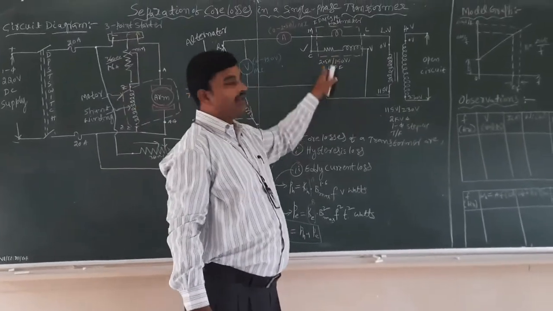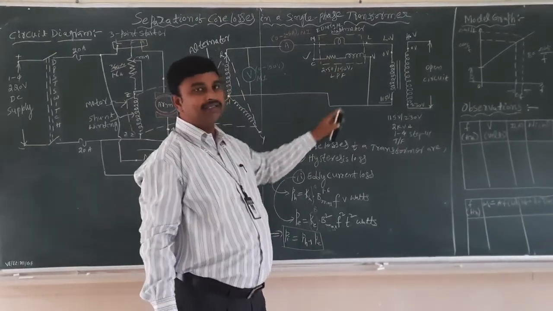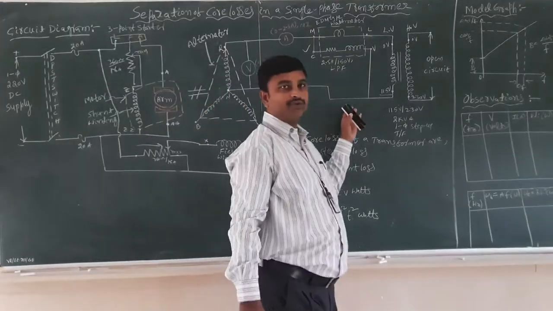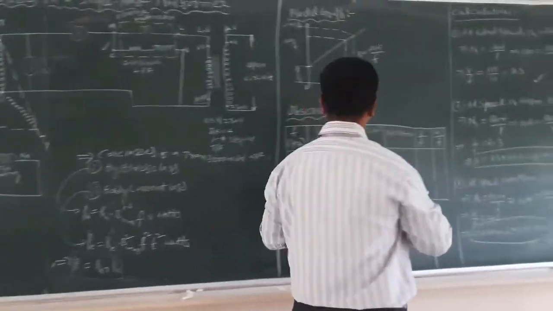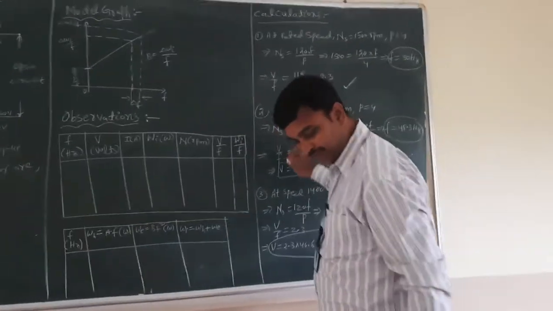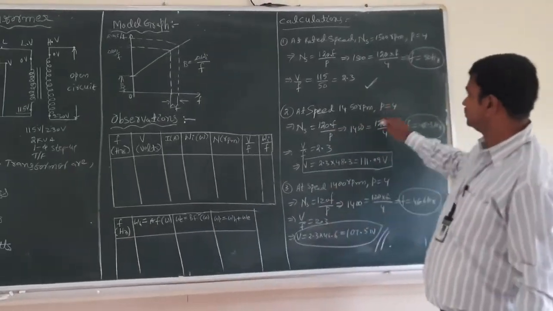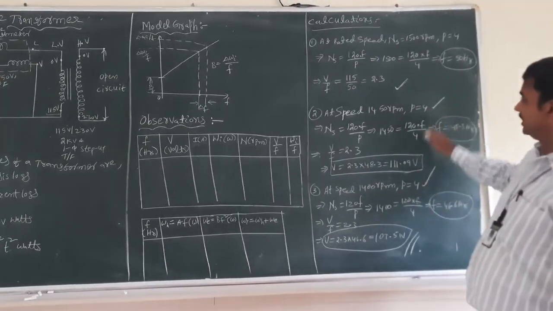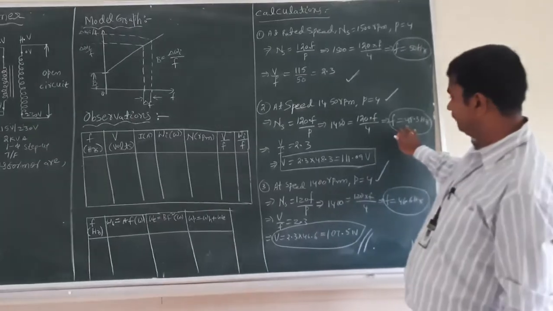We can make use of those readings to calculate the core losses for different speeds, for 1450 and other RPM, so we can evaluate for different frequencies.